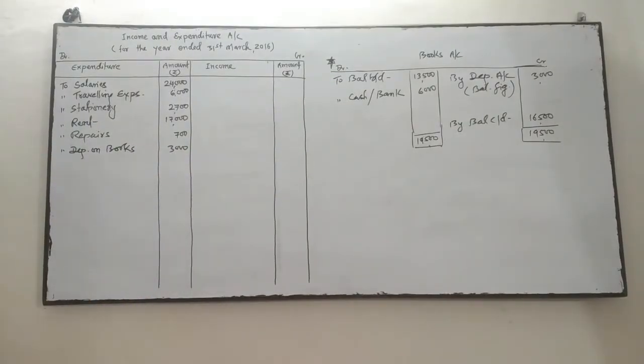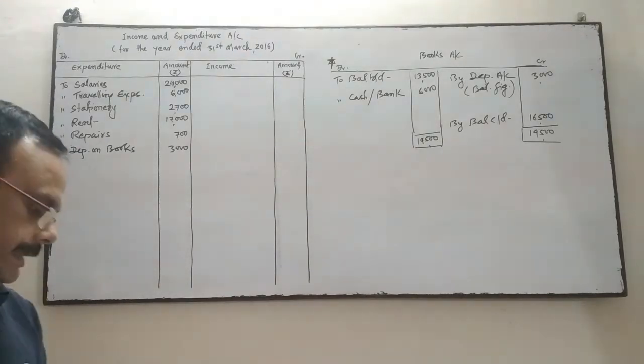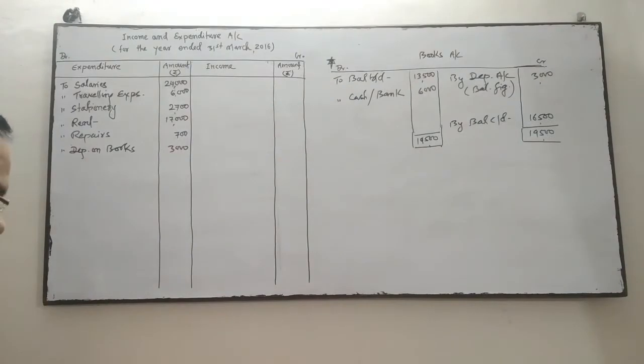Similarly, building in the payment side, it has given 30,000 and no information is given regarding building in the additional information. So this building will be reflected in the balance sheet. Now next item is furniture.